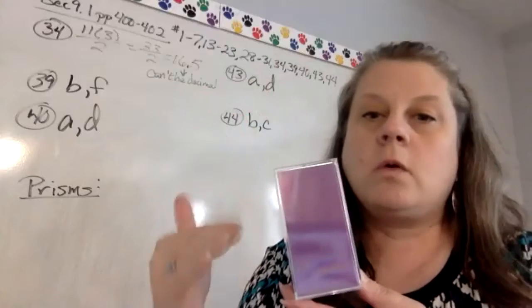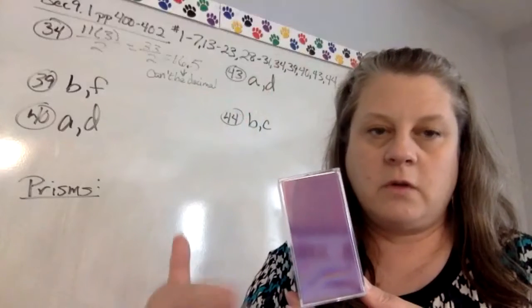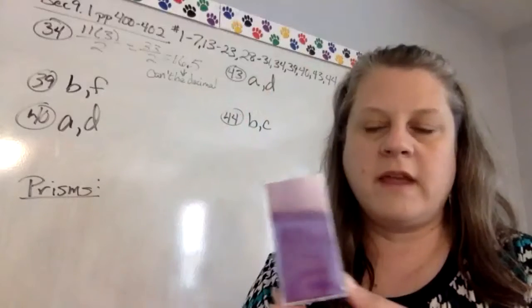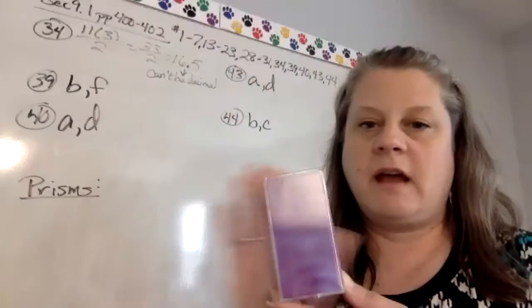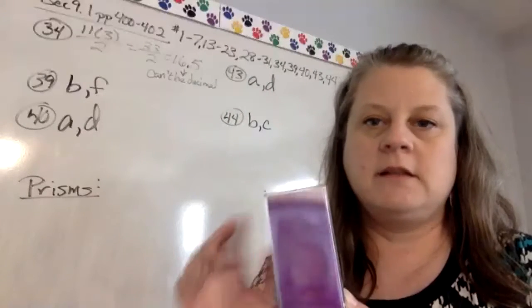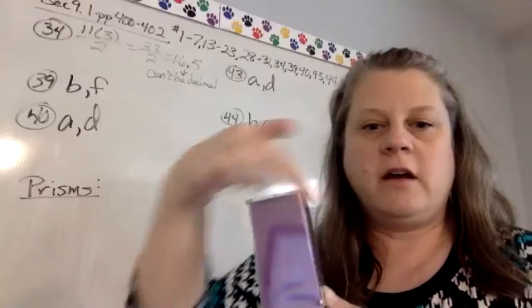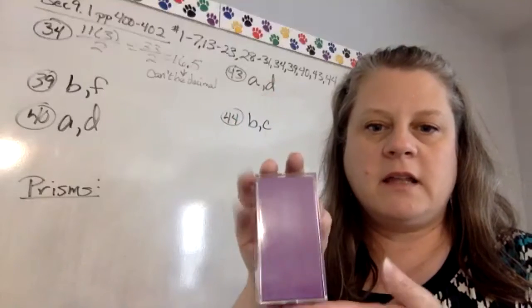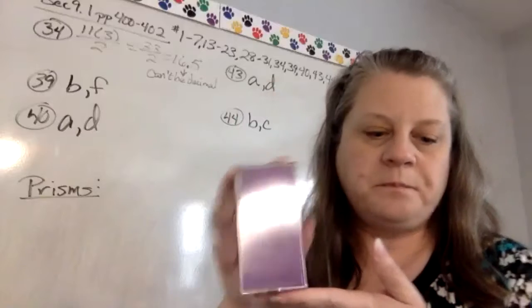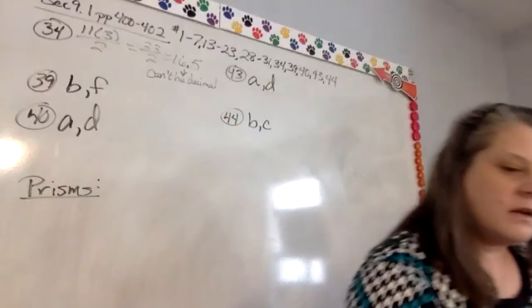If I want total surface area, the whole thing, if I was covering it with wrapping paper, that's your total surface area. I have to cover all 6 sides. That's the lateral area around those 4 rectangles plus the area of the 2 bases, the top and the bottom. So that's what we're going to be working on.